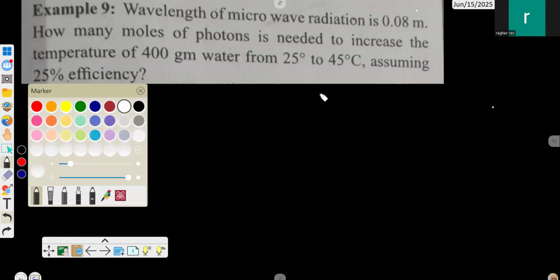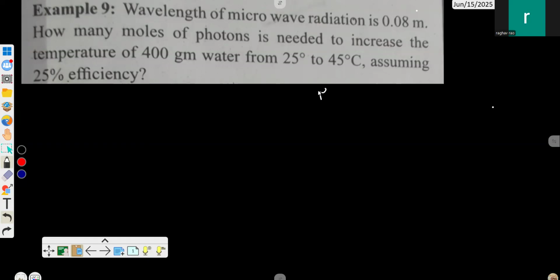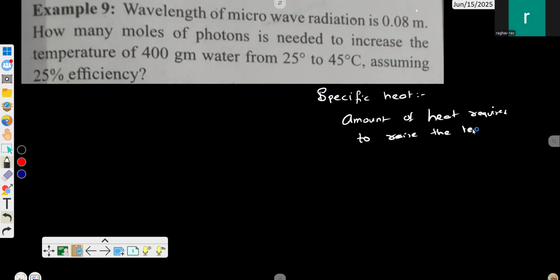So first, the key concept that you have to know here is, first you have to understand what is meant by specific heat. Specific heat means the amount of heat required to raise the temperature of a body of weight 1 gram through 1 degree centigrade.